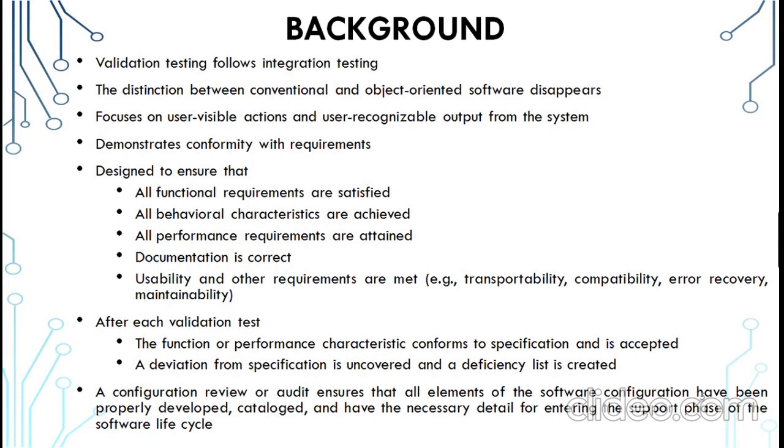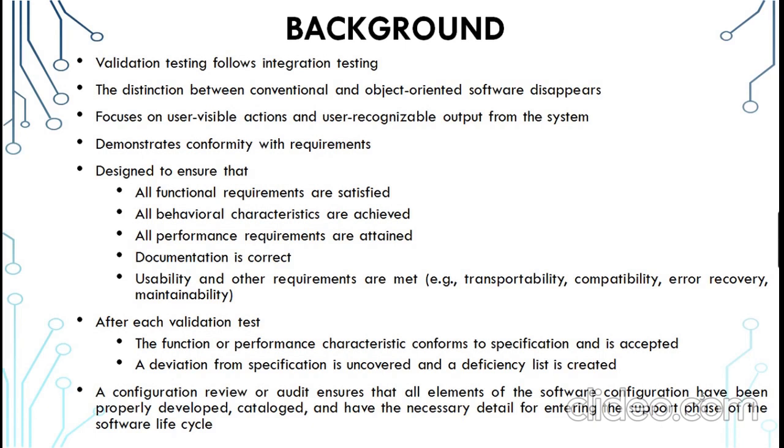Validation testing follows the integration testing and focuses on user-visible actions and user-recognizable output from the system. It is designed to ensure that all functional requirements are satisfied, all behavioral characteristics are achieved, all performance requirements are attained, and documentation is correct.